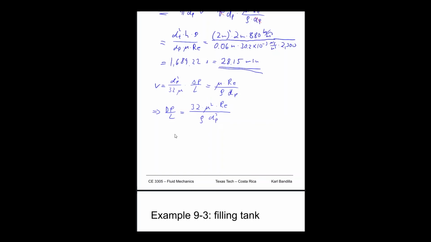And we can plug that in, and that gives us 32 times 30.2 times 10 to the minus 3 Newton seconds per meter squared, all of that squared, times Re, so 2,300, divided by the density, which was 880 kilograms per cubic meter, times 0.06 meter raised to the third power, which gives me 353.147 pascals per meter.